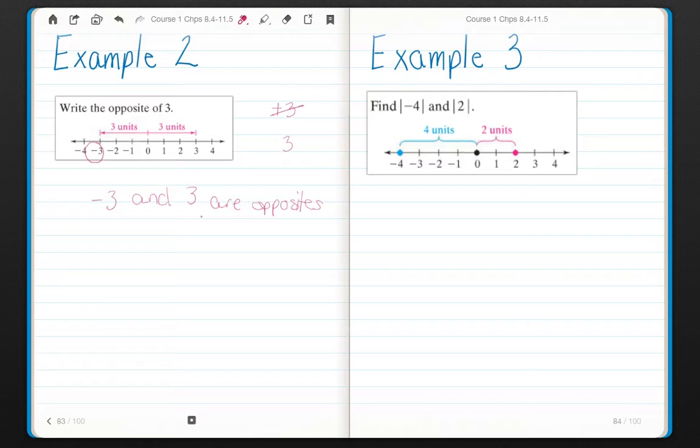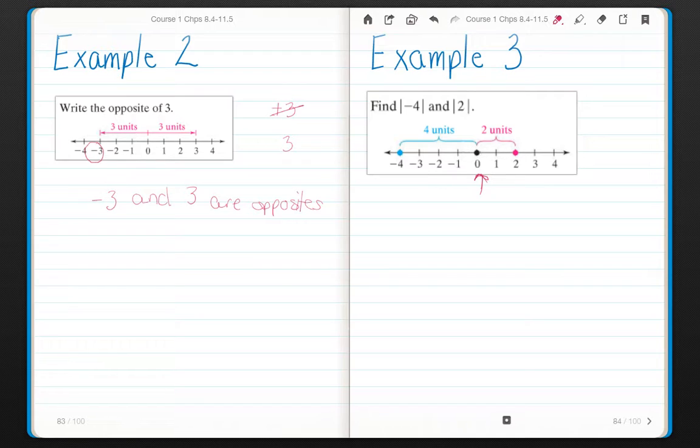Example 2, absolute value. So let's come back to some absolute value. Again, this symbol right here, these railroad tracks, those are the absolute value symbol. So the absolute value of -4 is how far away is -4 from 0, and it is always from 0.